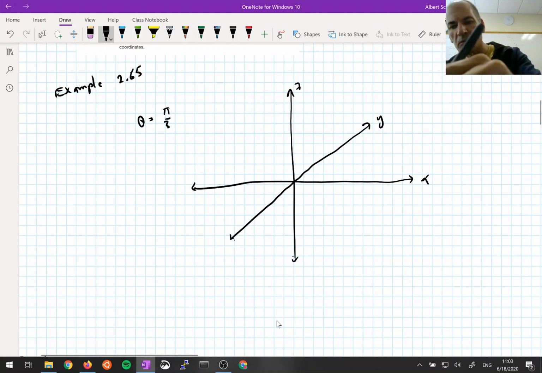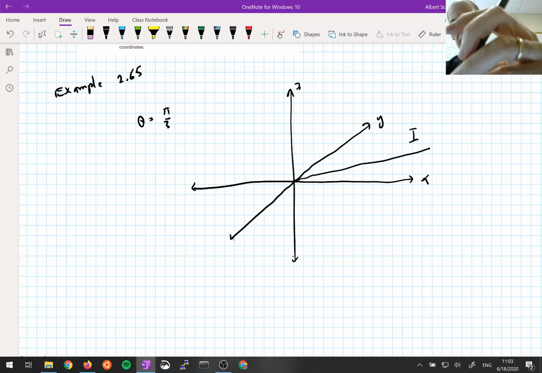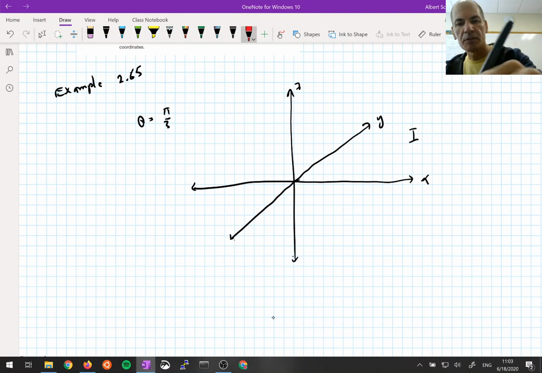All right, this is the first quadrant over here. So theta is talking about an angle along a ray like this. In fact, let me change colors. So along a ray like this, making an angle pi over 3 here in the first quadrant.